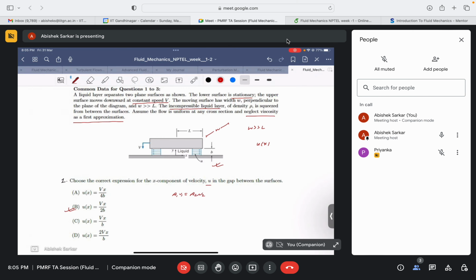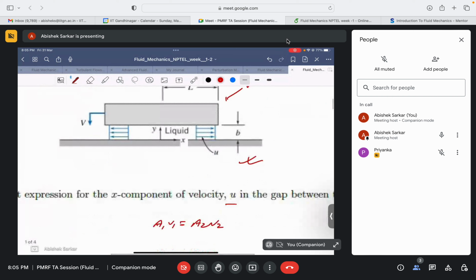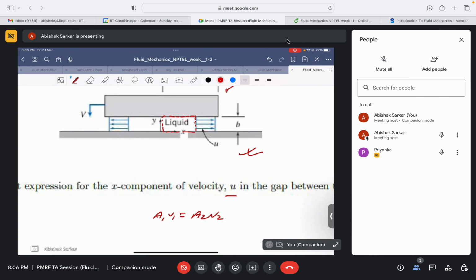Right. Is it so? Where have you used the control volume here? Is it this? Yes, sir. Okay, so could you tell me the equation? What would be A1? What are 1 and 2? I guess you have taken 1 as the top plate, and here it is 2, right? Yes, sir.